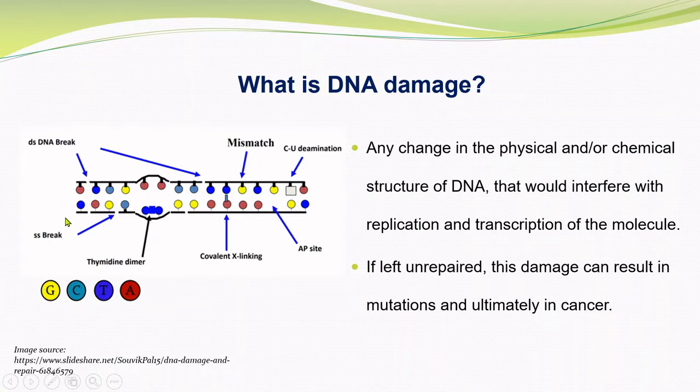It can be a double stranded break, it can be a single stranded break, it can be a physical distortion due to the formation of dimers within the molecule, it can be a mismatch of the bases, it can be an AP site from where one of the nitrogenous bases has been removed, or it may be due to a modified base. And all these damages, if they are left unrepaired, can cause mutations and can ultimately lead to cancer.